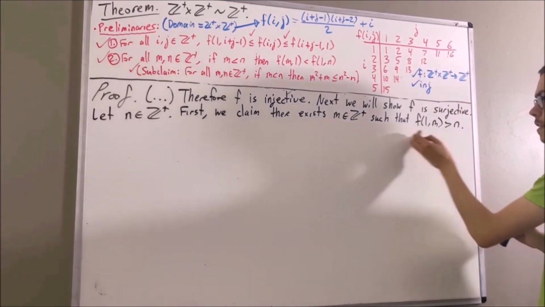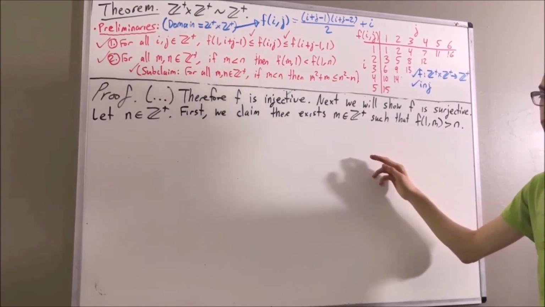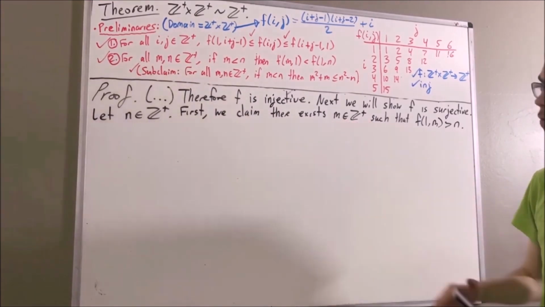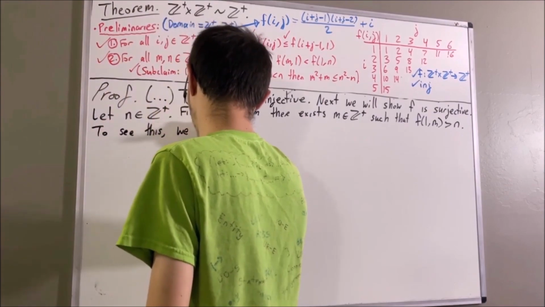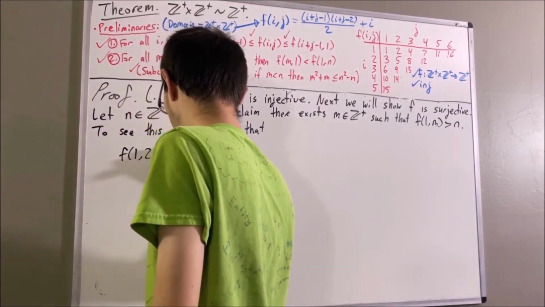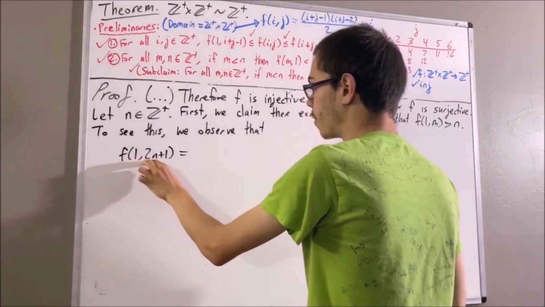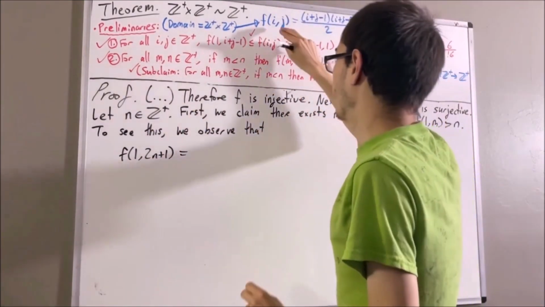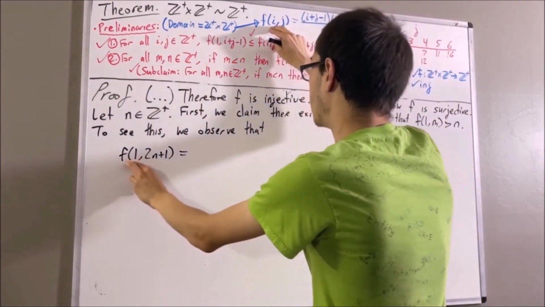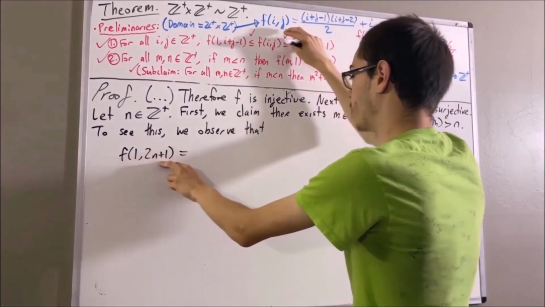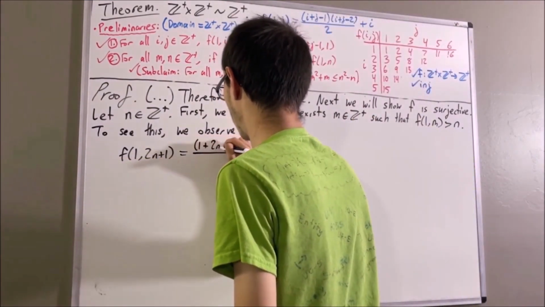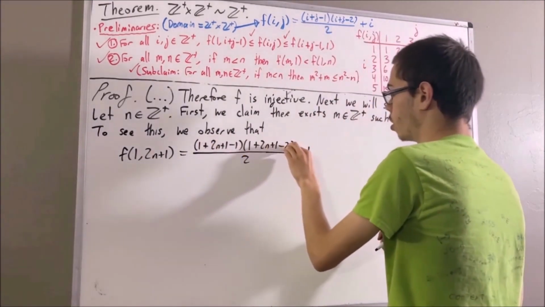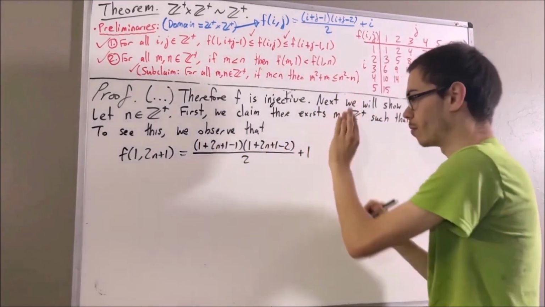So let's prove this claim. Well, we can show that 2n plus 1 is such a positive integer. If we compute f of 1 comma 2n plus 1 by the formula for f, well, we'll replace everywhere we see an I with a 1, everywhere we see a j with a 2n plus 1. If we simplify the numerator, we're going to get 2n times 2n plus 1.